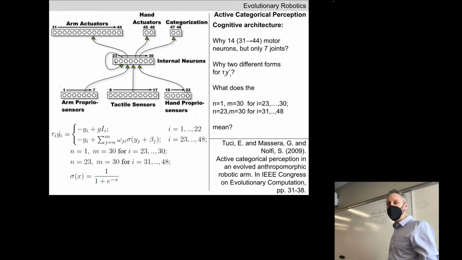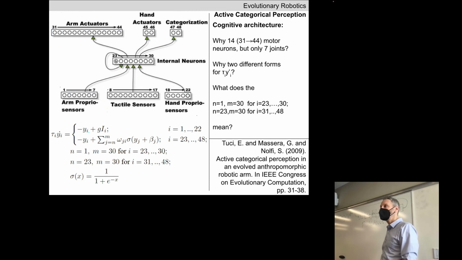We can see neurons 23 through 30 are receiving incoming synapses from the first 30 neurons, which includes all the sensor neurons plus all of the hidden neurons. So each hidden neuron receives a synapse from every sensor neuron plus every other hidden neuron, including itself.